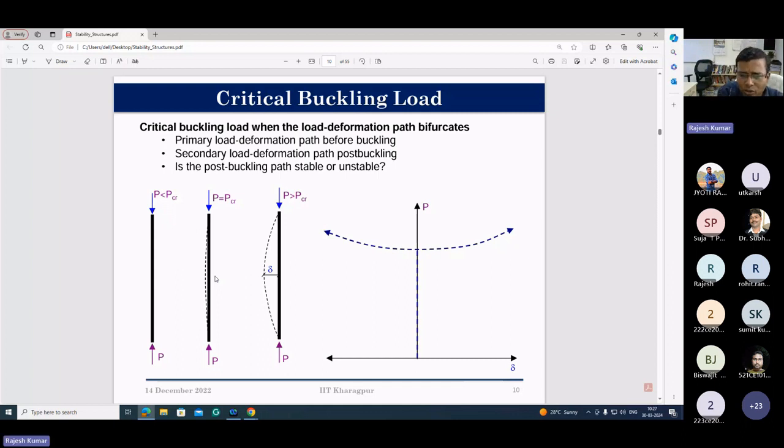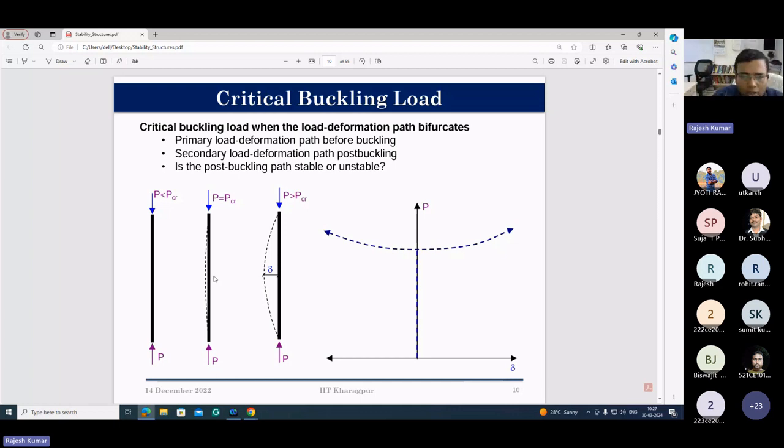Perturbation means you give either a load or a deformation, but in a very small amount, just to check the stability, whether it comes back to the original configuration. How to check that stability? While giving a small perturbation, you can give a small deformation, a small velocity, or a small load, anything in terms of perturbation.